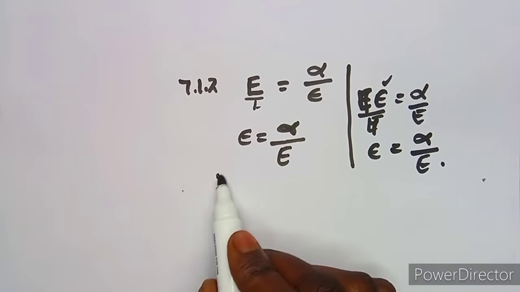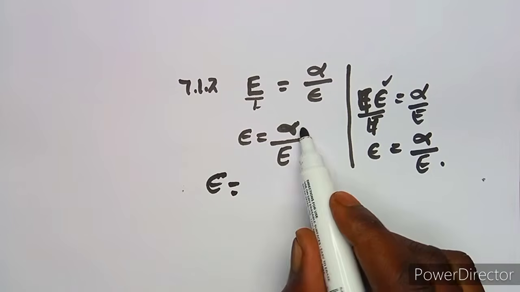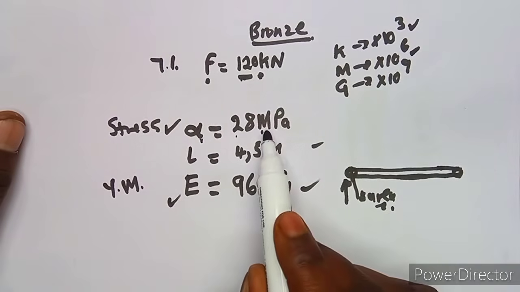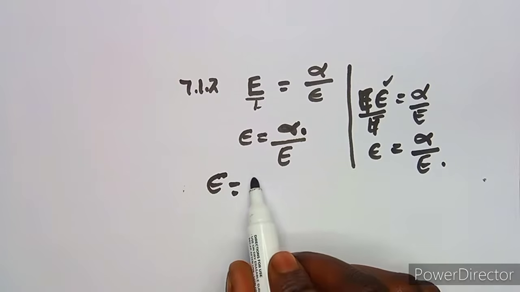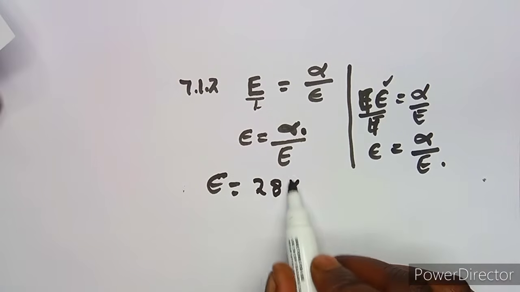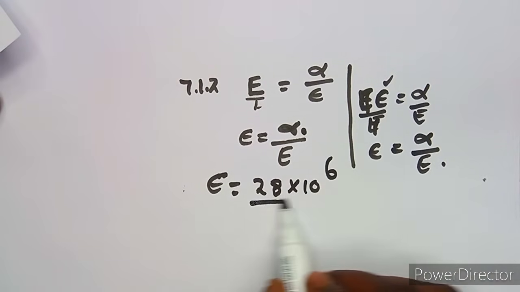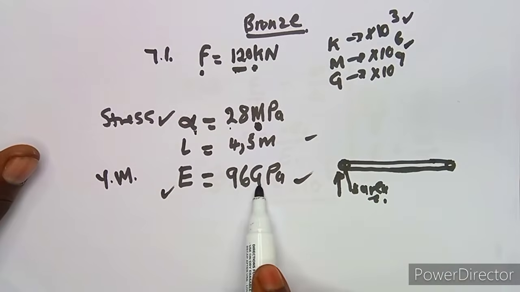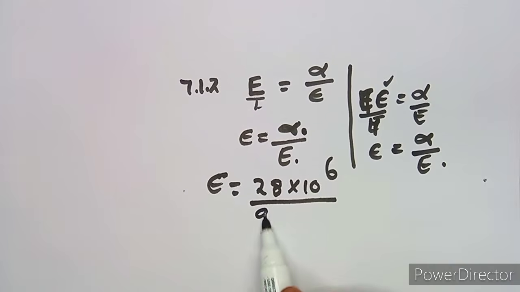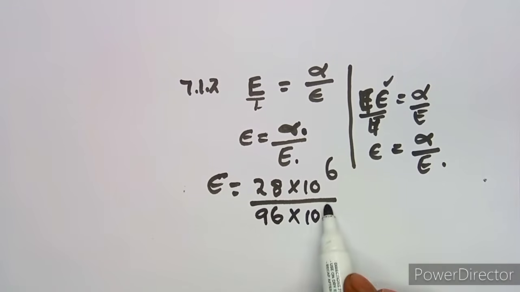So this one is a matter of substituting the stress into the formula. You've got the stress here, which is, remember, mega, times 10 to the power 6. So you've got 28 times 10 to the power 6 over the Young's modulus, which is 96 times 10 to the power of 9.